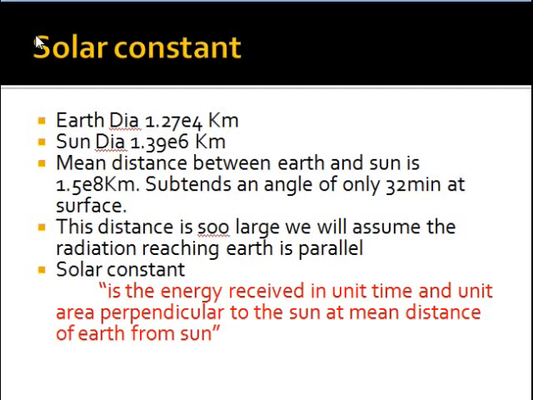So we assume that it emits the radiation along the radius, and because of this radial emission, a small angle gets subtended by the radiation which is coming towards the earth surface.